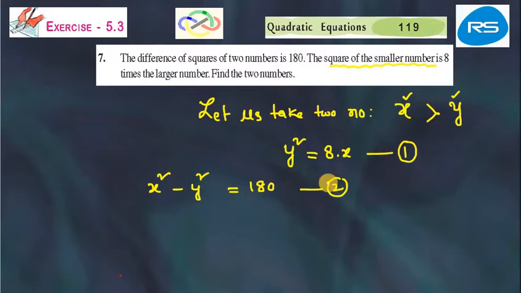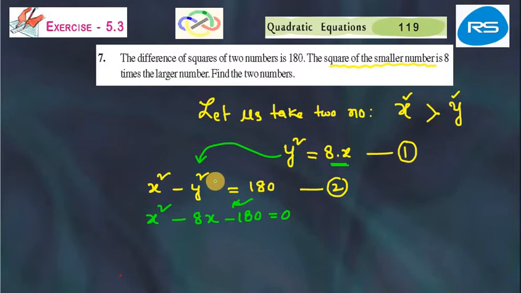Now, from 1 and 2, if you observe neatly, in the place of y square, I can substitute 8x. So I am writing x square minus, in the place of y square, 8x, minus 180 is equal to 0.